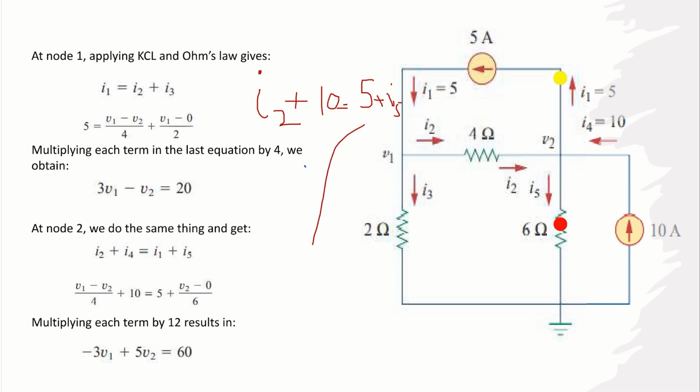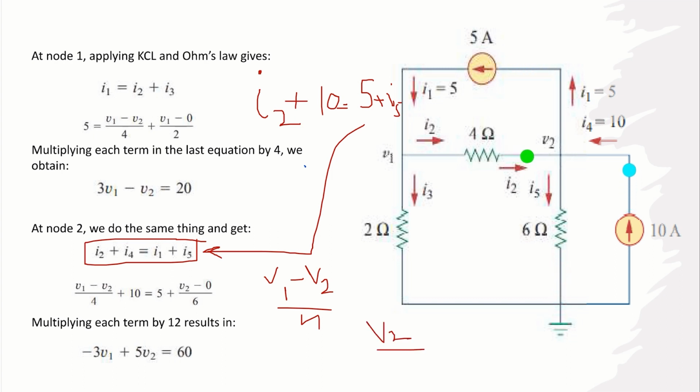And if you don't want to substitute the value, you can simply write it as I2 plus I4 is equal to I1 plus I5. Now we are just going to apply Ohm's law, that was higher potential minus lower potential. So I2 will become V1 minus V2 over 4 and I5 will become V2 over 6 and I1 and I4's values are already given. So now let's simplify this and we have this equation from node 2.